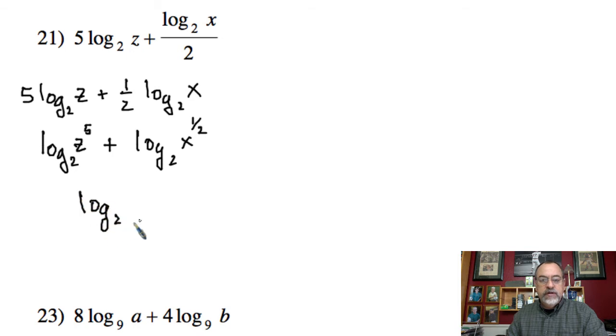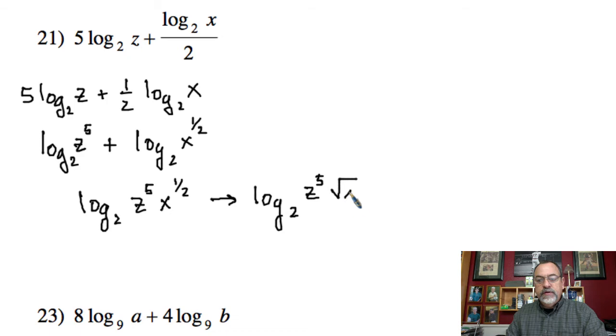So the single log is log base 2 of z to the 5th times x to the 1/2. But again, this fractional exponent, we want to change it into its root. So this is log base 2 of z to the 5th times the square root of x. This would be the condensed version of number 21.